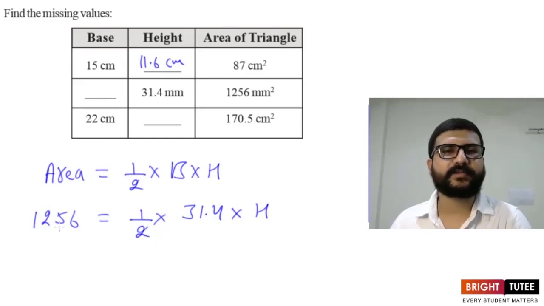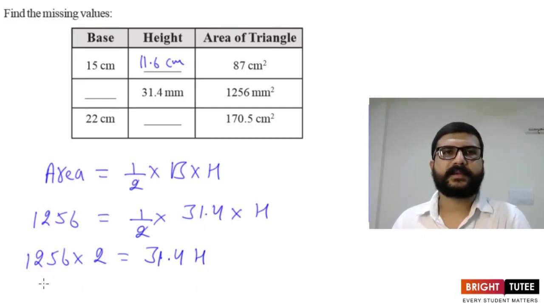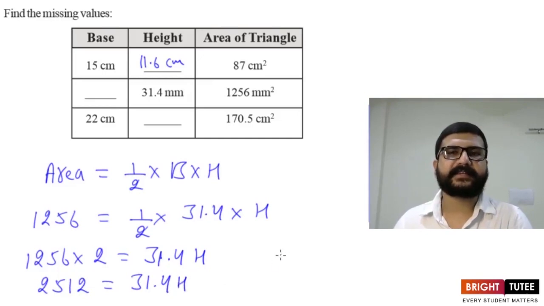Now we have to get the value of h from here. So let's transpose this 2 on the left side of the equation. So this will give us 1256 into 2 is equal to 31.4 h. Now what is 1256 into 2? It will be 2512 and this is equal to 31.4 h.